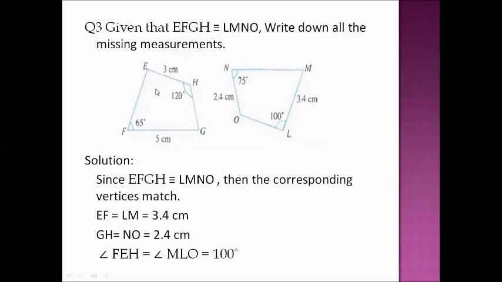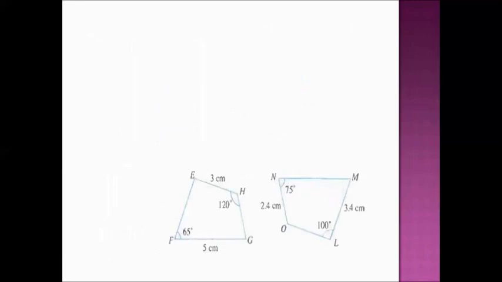Okay, so we are looking for the corresponding angles. The next one. What is missing? Angle FGH. In this quadrilateral, we need angle G. So it must correspond to angle MNO. If N is 75, then it is also 75 degrees.